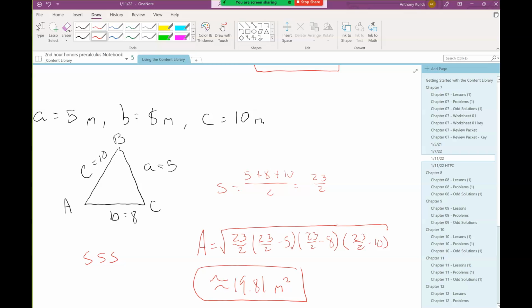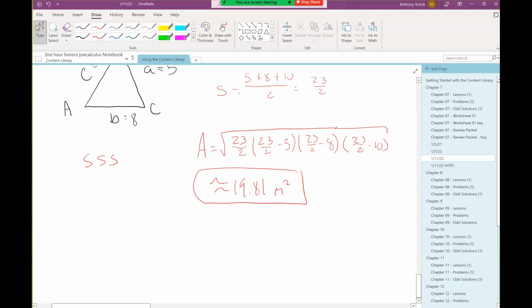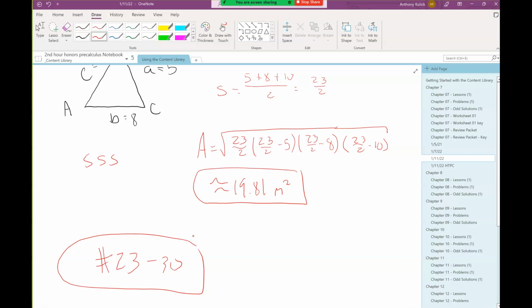What do you guys think? Areas? Pretty easy, right? Yeah, I think so too. You should now be able to do 23 through 30. And you rip through those guys.